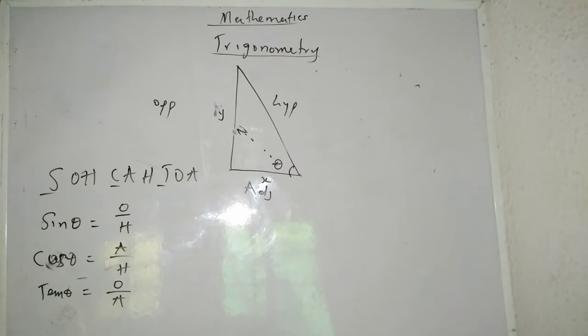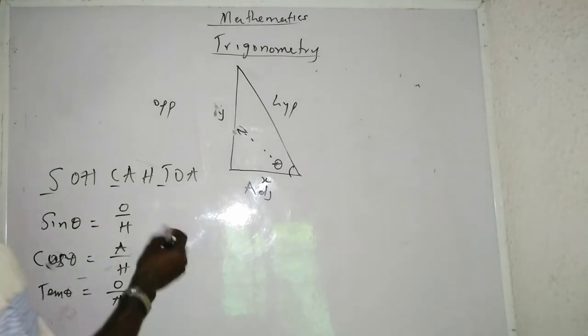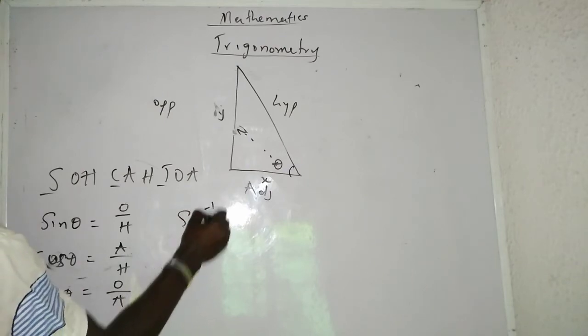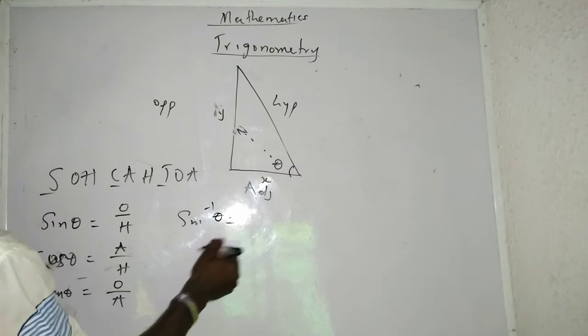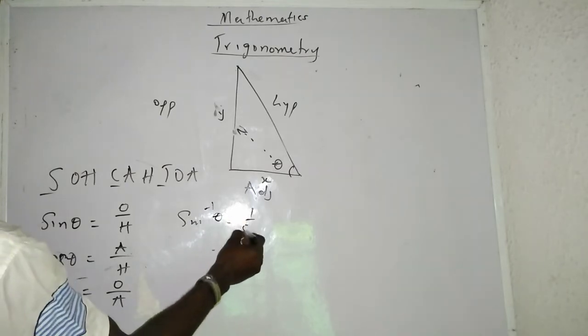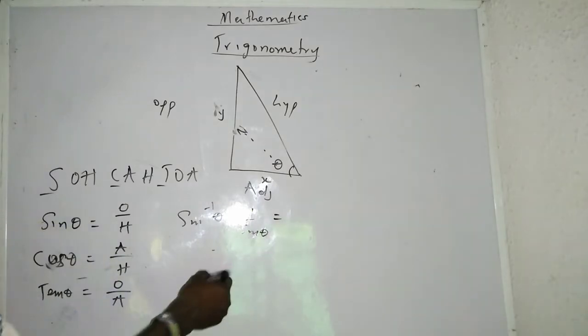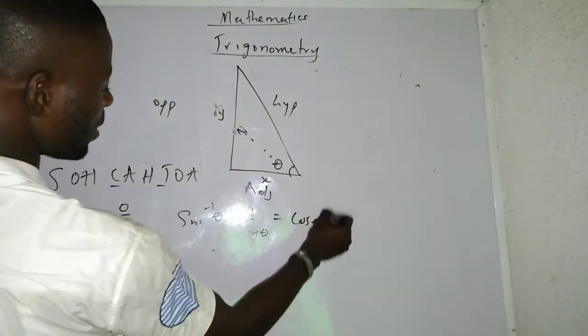The first one is, if I have sine inverse of theta, it will be equal to 1 all over sine theta, which is equal to cosec theta.